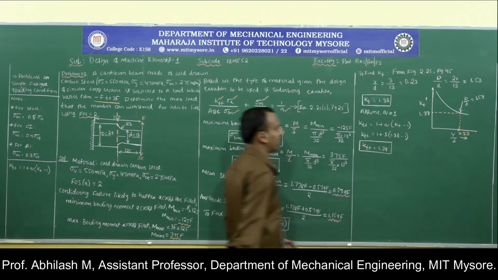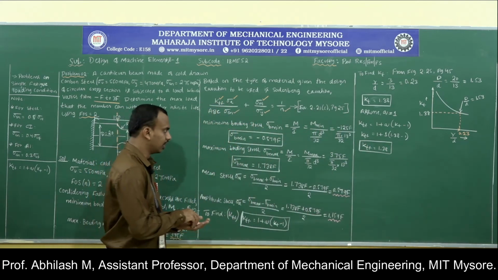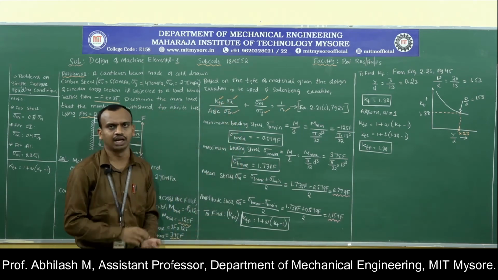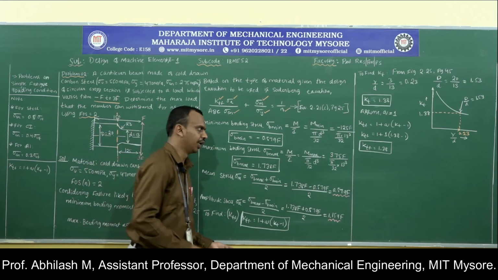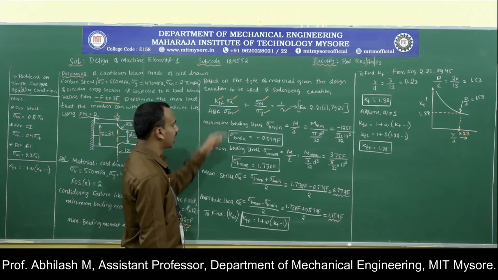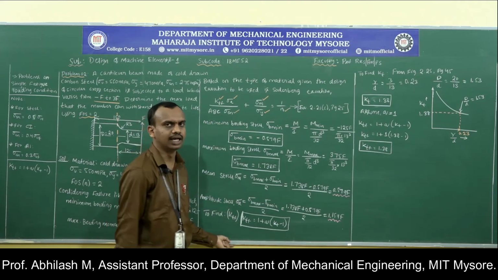So, in the design equation, we have also calculated the value of Kf, that is 1.38. Now, the only thing that is left out is the correction factors, that is A, B and C.